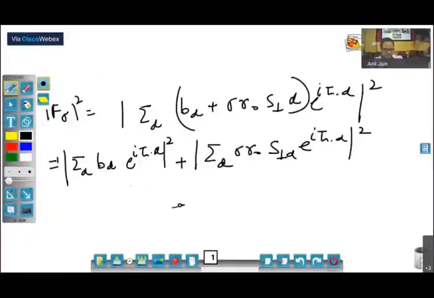And there is one more term, which is called the nuclear magnetic interference.